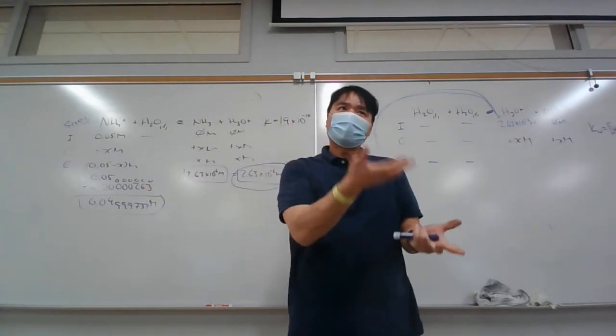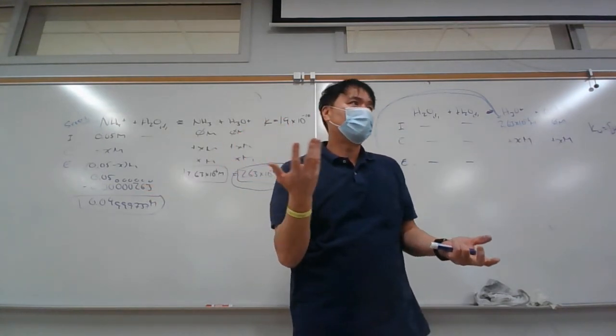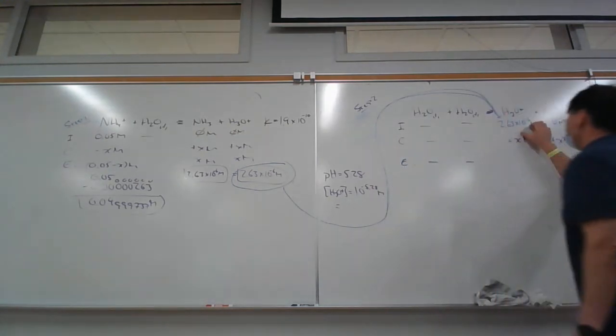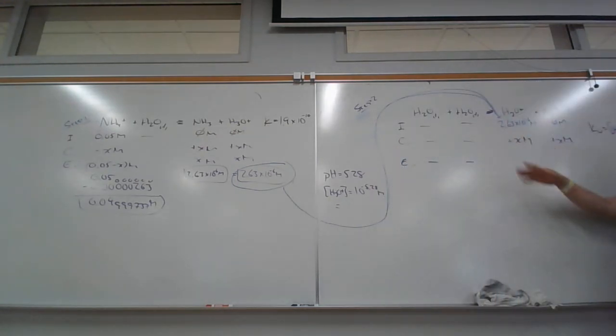But because of Le Chatelier's principle, having this hydronium here present already is going to push it to the left. And so we aren't going to get as much. In fact, how much are we going to get?